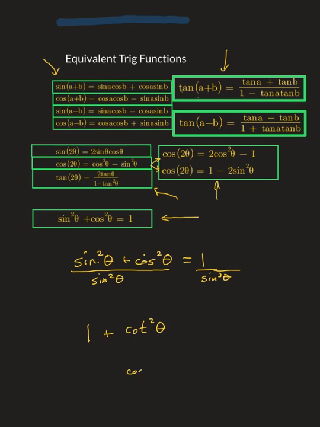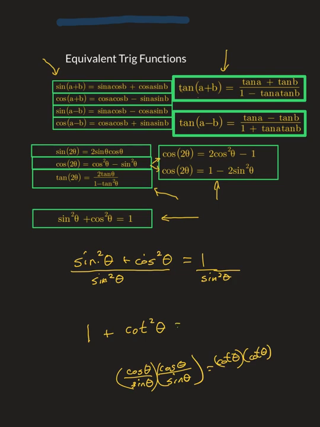Which is cos theta over sine theta times cos theta over sine theta. That just equals cotangent theta times cotangent theta. Remembering that cotangent is just the reciprocal of tangent. So if tangent is sine over cos, then cotangent is cos over sine.